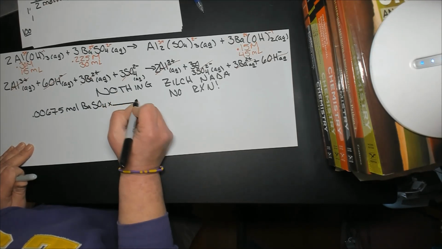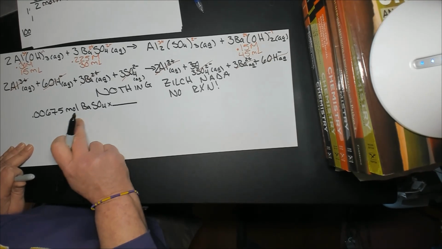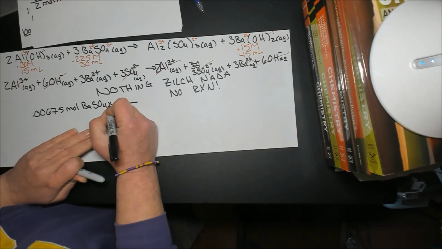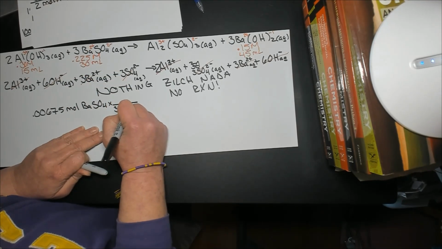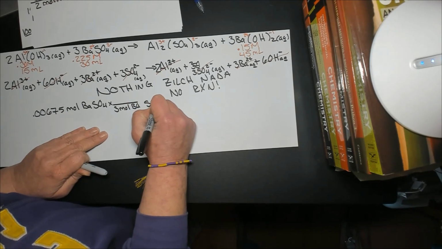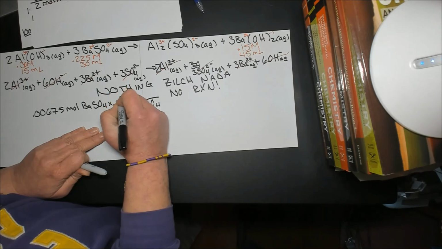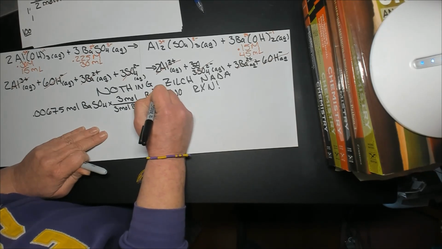So let's use our stoichiometry. I have 3 moles of BaSO4 and 3 moles of barium, Ba2+.